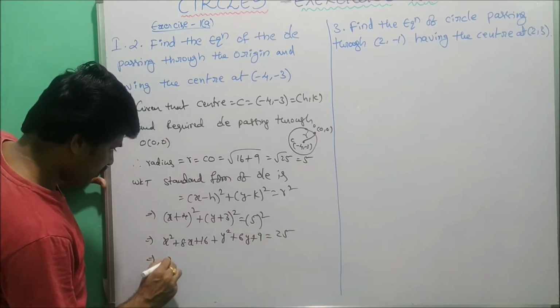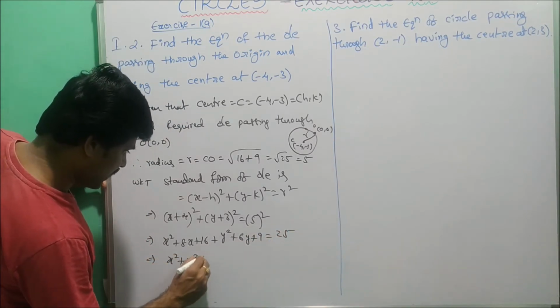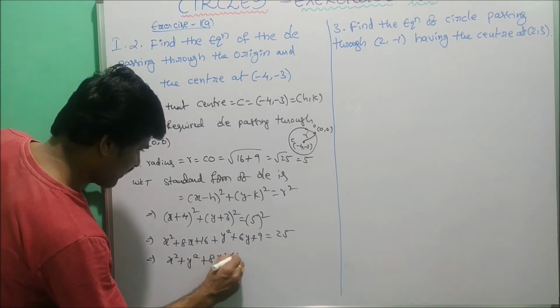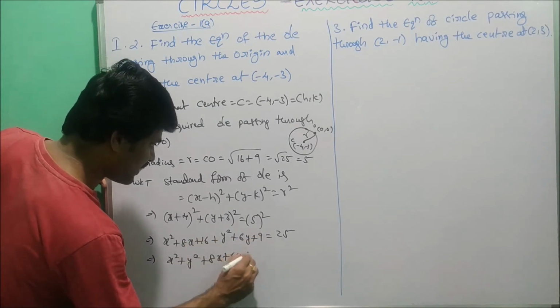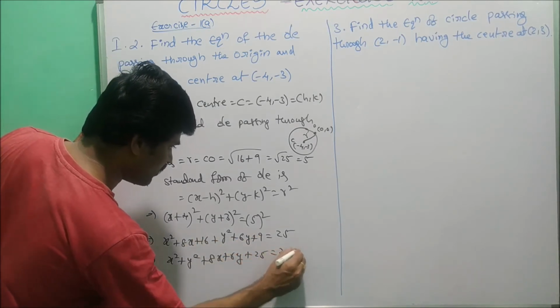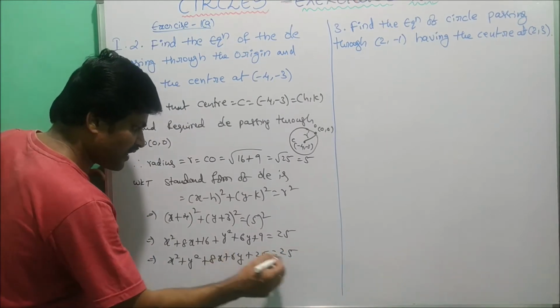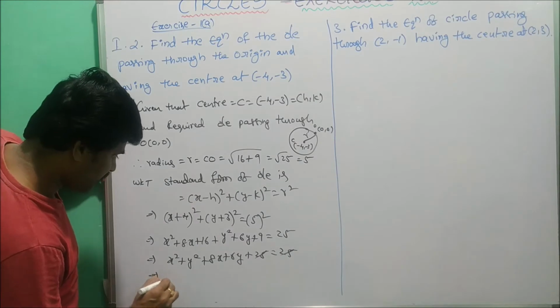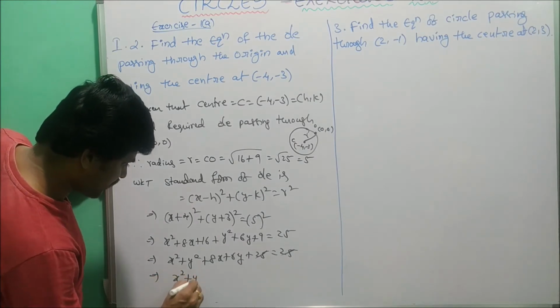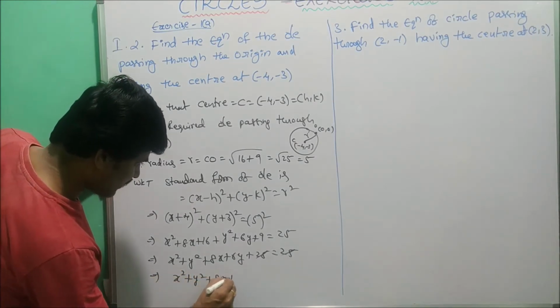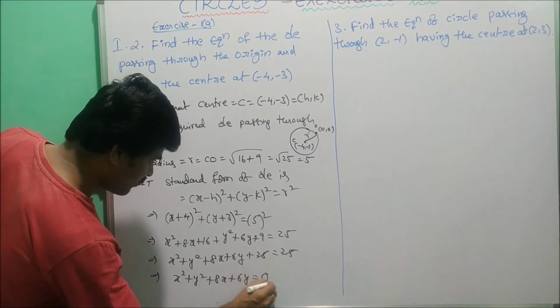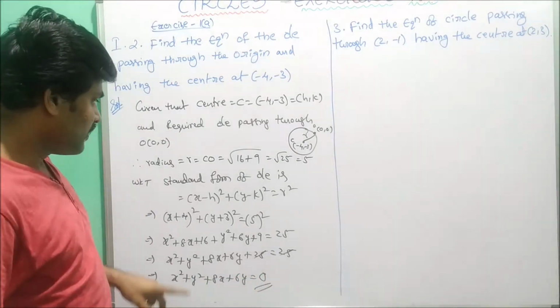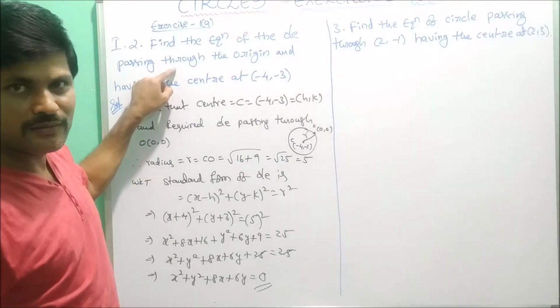Now x square plus y square plus 8x plus 6y, here 16 plus 9, that is 25, equals 25. Now we observe that on both sides 25 is there. Now we cancel. We get the equation of the circle as x square plus y square plus 8x plus 6y equals 0. Here we observe that this equation passes through the origin.